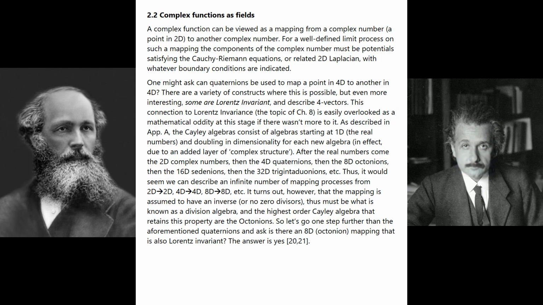As described in Appendix A, the Cayley algebras consist of algebras starting at 1D, the real numbers, and doubling in dimensionality for each new algebra, in effect, due to an added layer of complex structure.